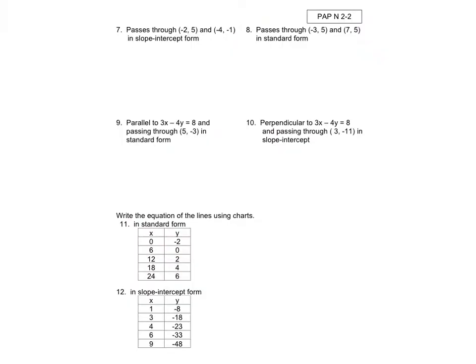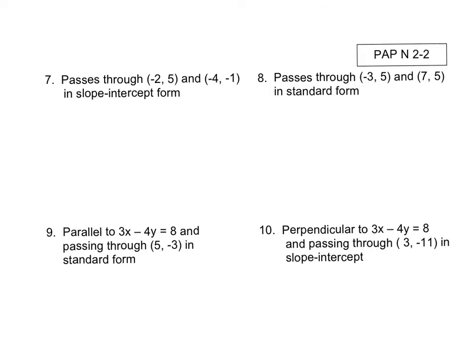Okay, let's look at 7. So this one, it says it passes through the points -2, 5, -4, -1. We want it in slope-intercept form. So if you remember from the front, we were given slope, or we found slope on all of them. You have to know slope before you can find anything else on your equation. So that's going to be our first step here, is to find the slope.